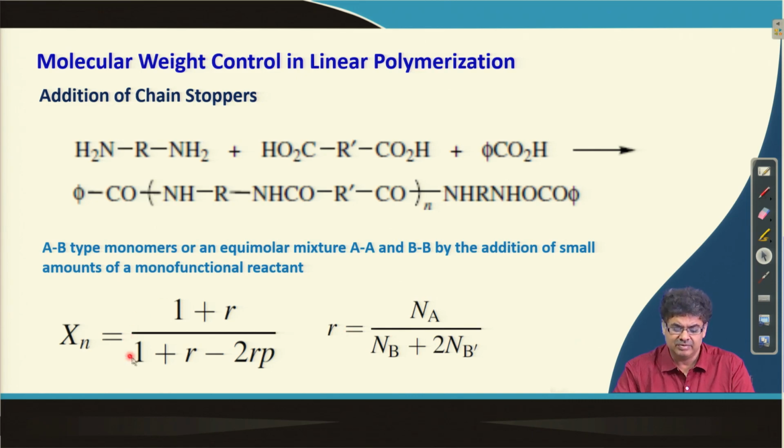So, we use the same equation to find the average degree of polymerization, but here we modify the expression for R as Na divided by Nb plus 2Nb'. Na equals Nb because we have taken an equivalent mixture of AA and BB, or an AB type monomer, and Nb' is the number of molecules of this monofunctional reactant.